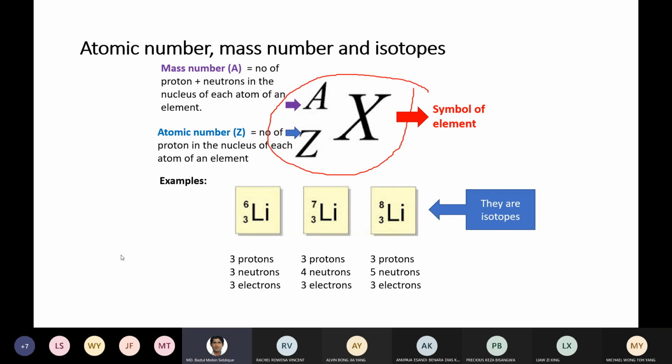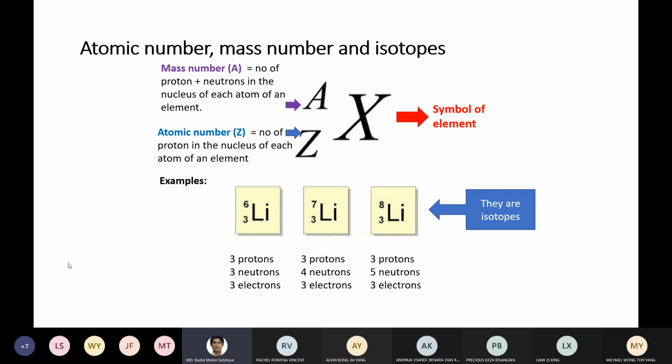I'm sure those of you from foundation are already familiar with it, but bear with me. We are going into the detail shortly.